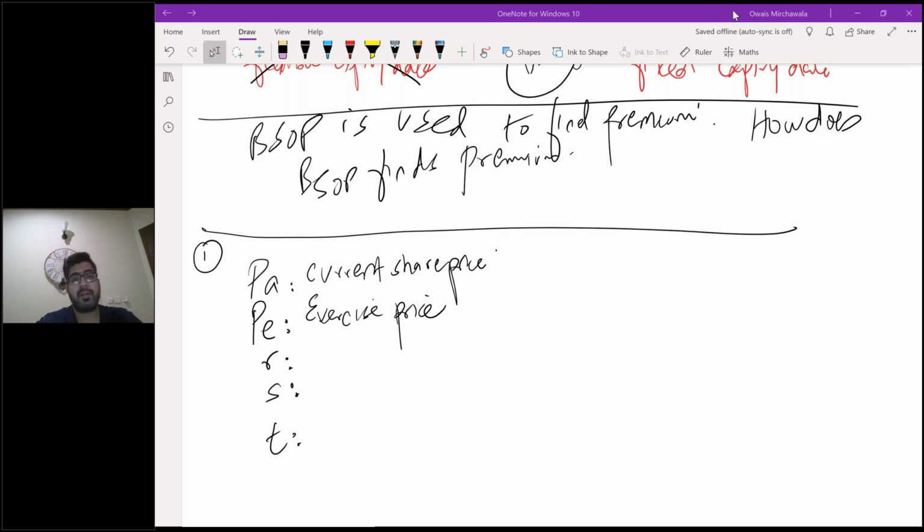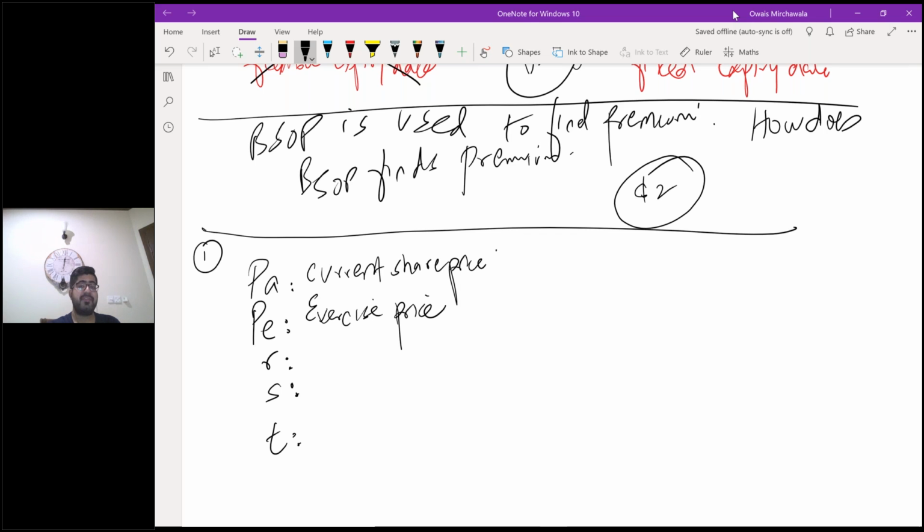What is the difference between them? Let's suppose the current share price is $2. No one is going to give you the right to buy a share at $2. Why would I give you an option to buy at $2? The market price is $2; you can go and take it from the market.